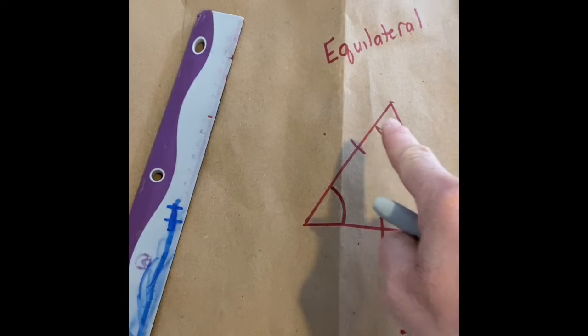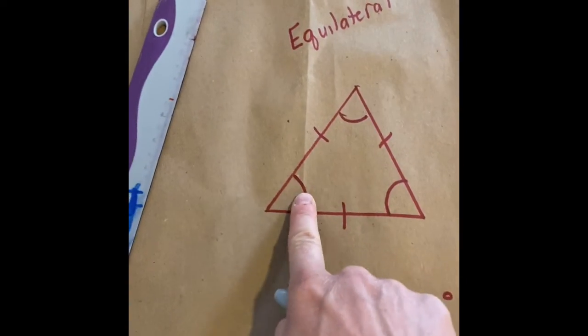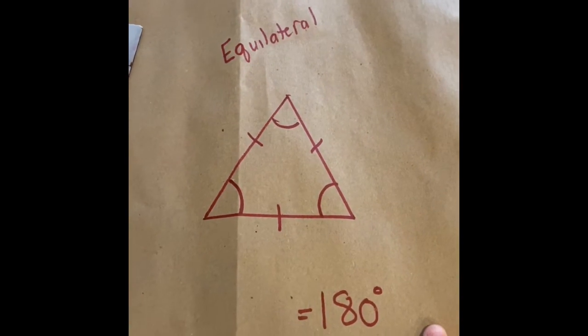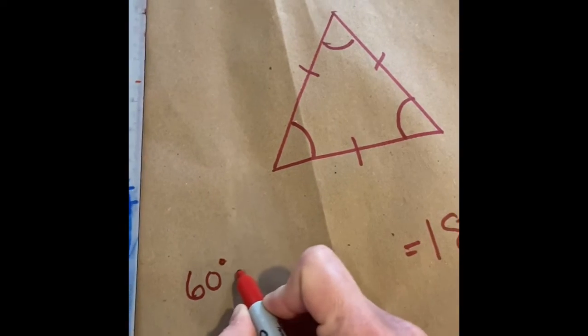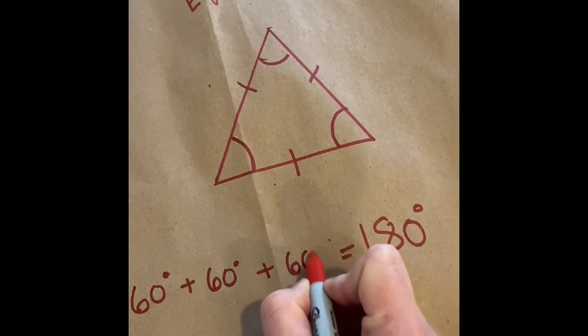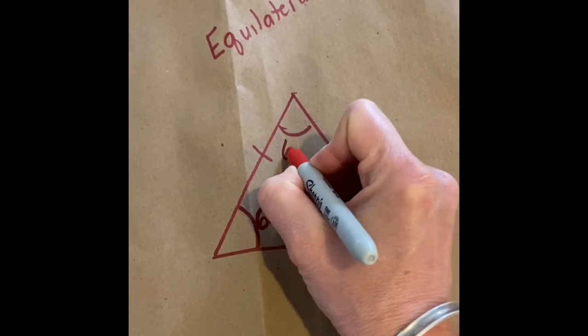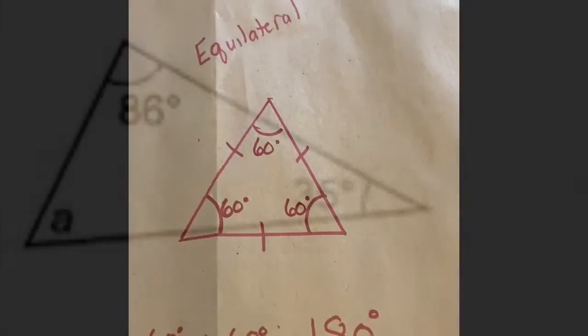Do 30 plus 30 plus 30 equal 180? No, so it can't be 30. How about 50? 50 plus 50 plus 50? No, that doesn't give you 180 either. It must be 60 plus 60 plus 60. Each of these angles are 60 degrees, and that's always true in an equilateral triangle.